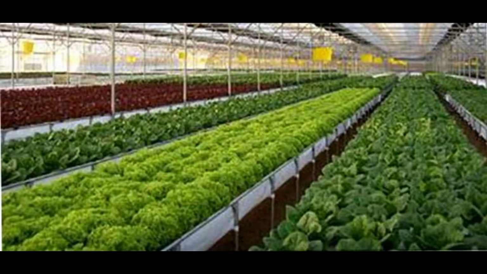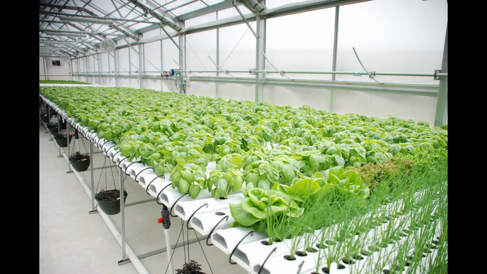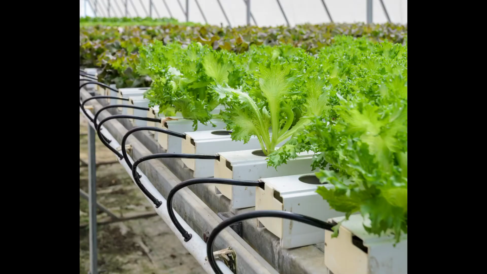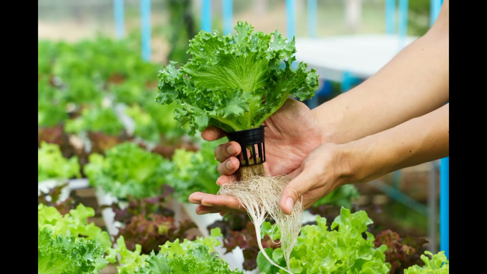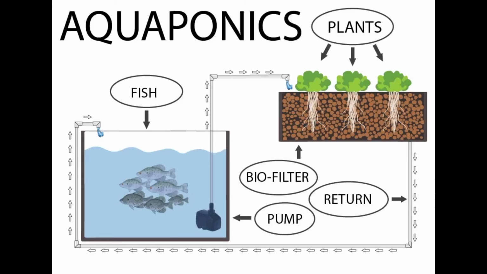A study has shown that compared to conventional farming, hydroponic farming could increase the yield per area of lettuce by around 11 times while requiring 13 times less water. Due to these advantages, hydroponics is the predominant growing system used in vertical farming.